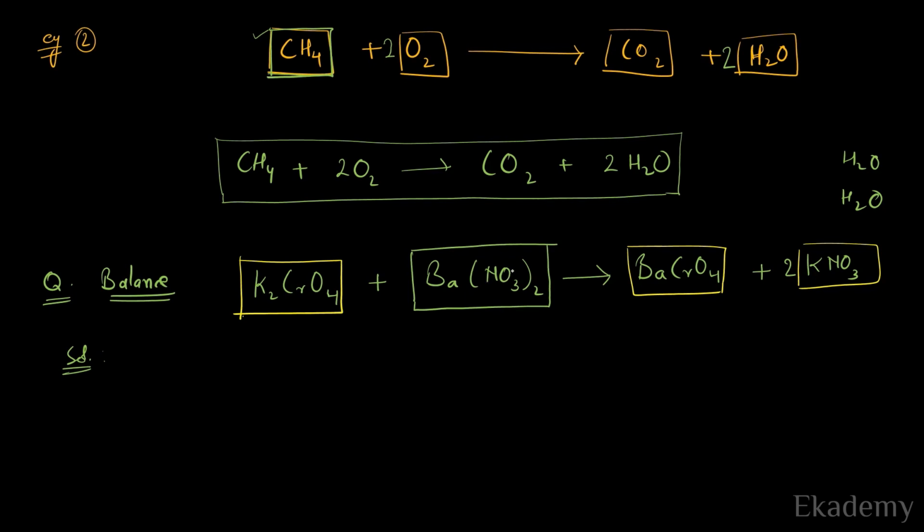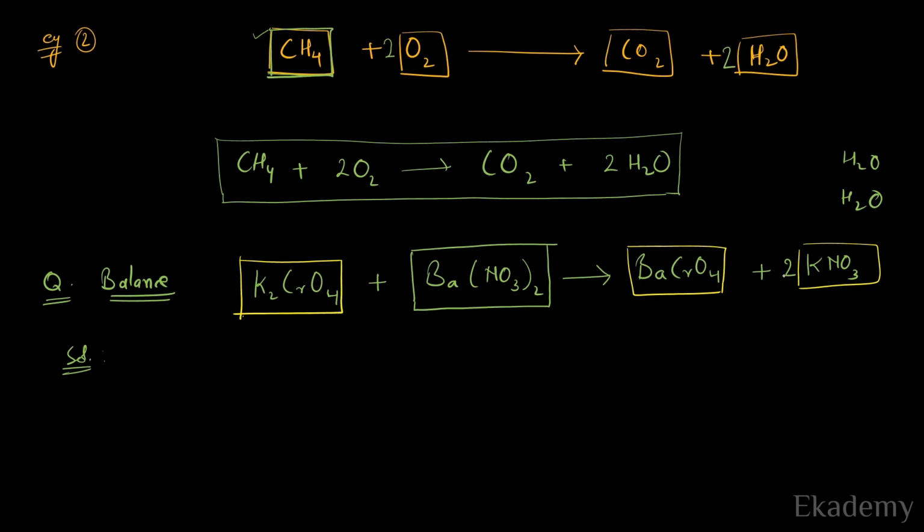Now the next atom is 6 oxygen in barium nitrate. And how many atoms do we have over here? 4, and see, 3 oxygen atoms in KNO3, and there are 2 molecules of KNO3. So overall, how many oxygen atoms? 3 times 2, which is 6.